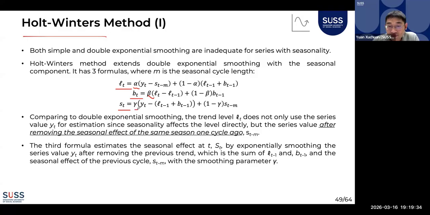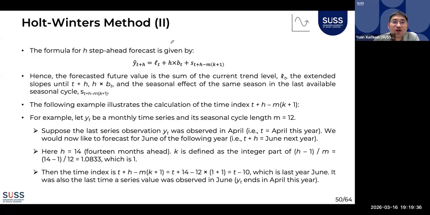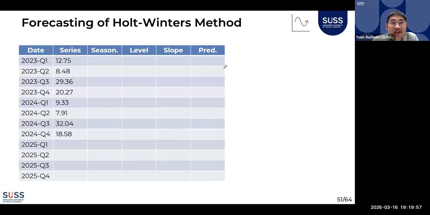And when you do h-step forecasting, it will be the level at time t plus the trend h times b_t, plus the seasonal term from your most recent seasonal cycle, the same season. Okay, so this is the Holt-Winters method.